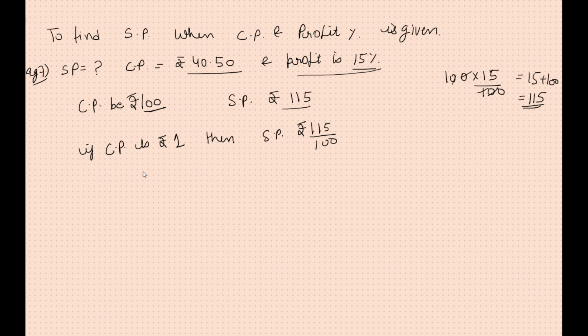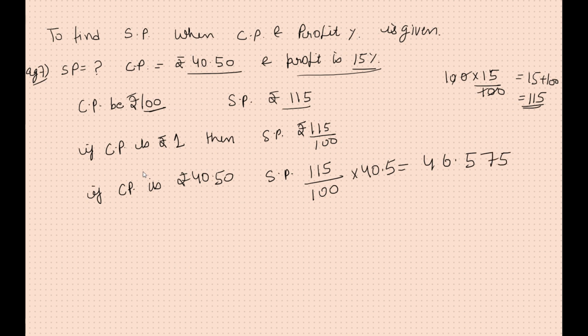And if cost price is 40.50, then selling price would be 115 upon 100 into 40.5. You'll get 46.575 rupees.